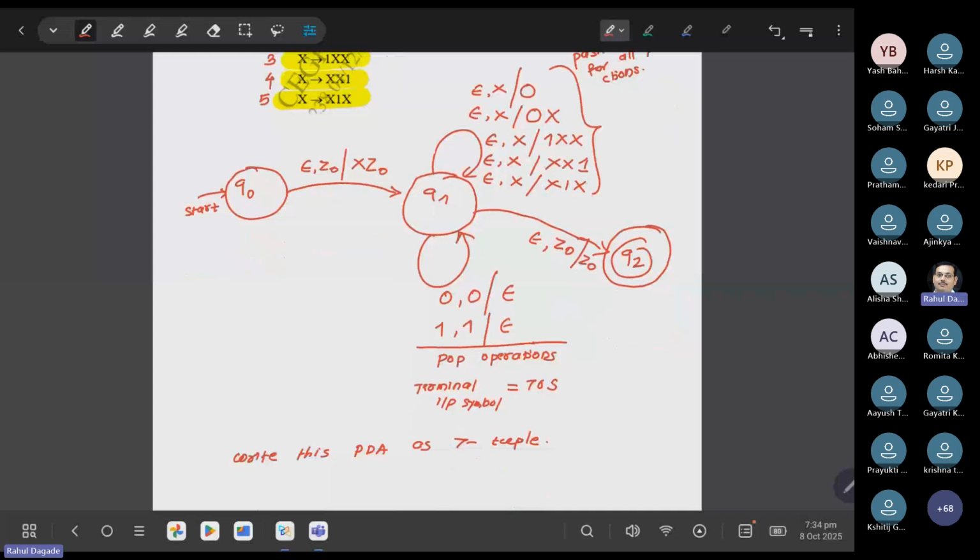You can do it with stack operations. So you have a state, input, stack, and finally operations.